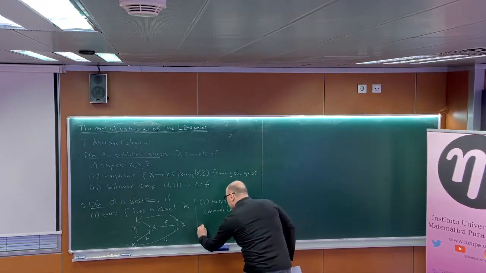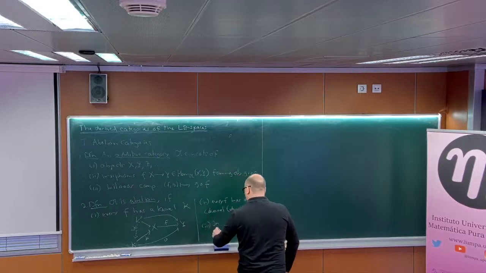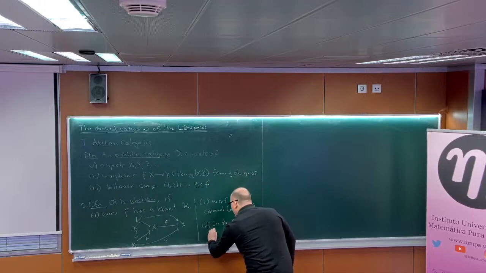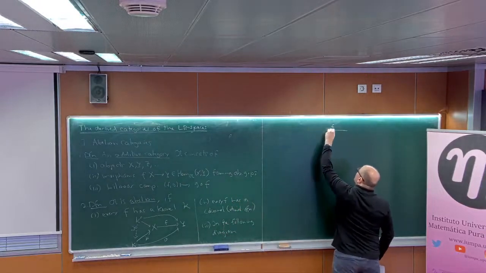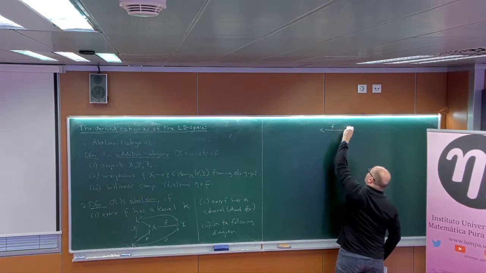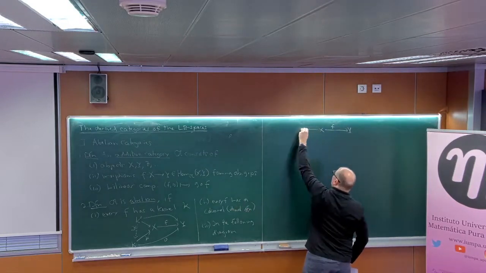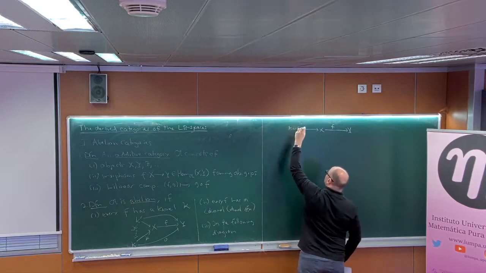Okay, and the third condition, for that we have to work a little. So in the following diagram, if we take a morphism f from X to Y, we can now, thanks to this first condition, write down here the kernel, and I abbreviate it with this.